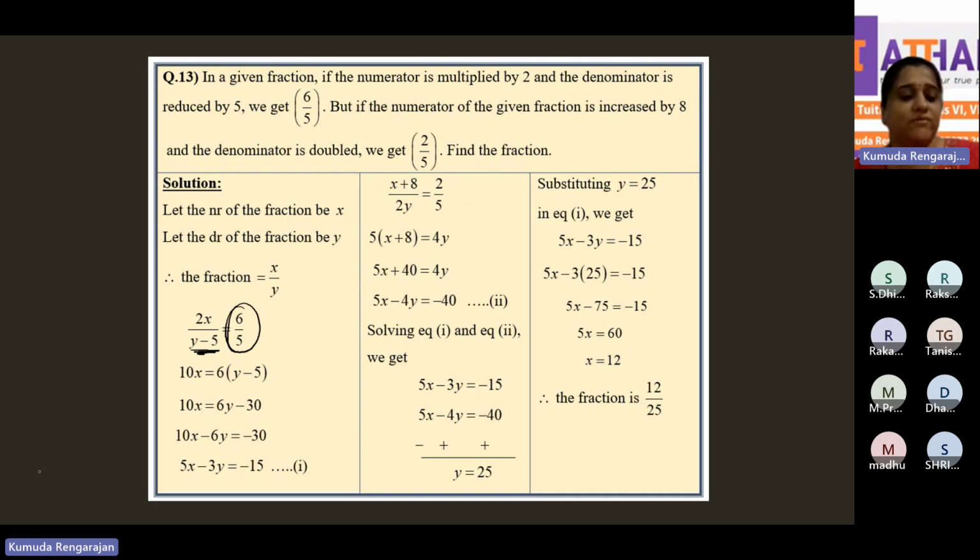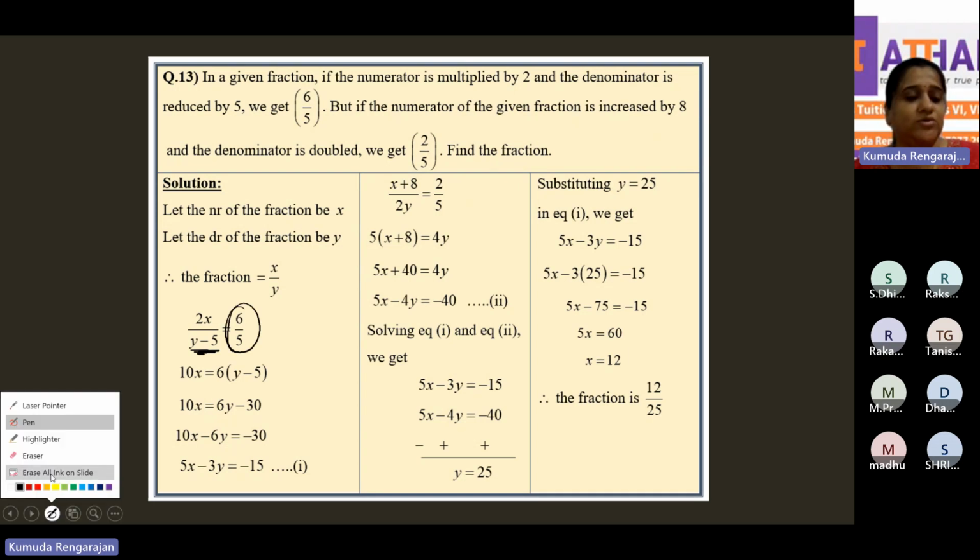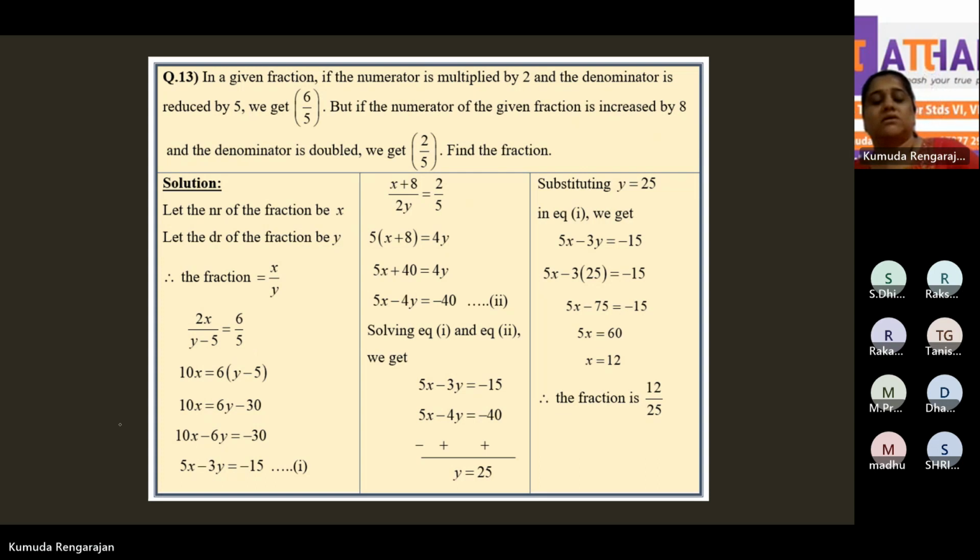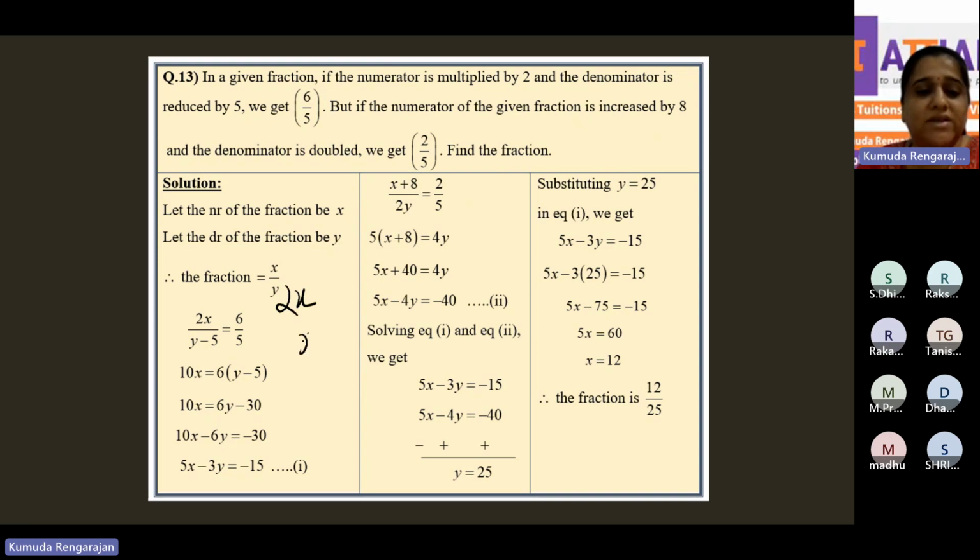The fraction becomes 6 by 5. And the second equation, the numerator is x, not 2x. So the numerator is increased by 8, x plus 8, and the denominator is doubled, 2y. The fraction is 2 by 5.